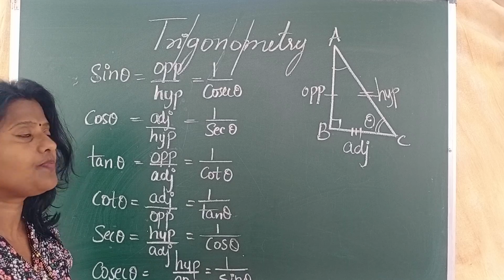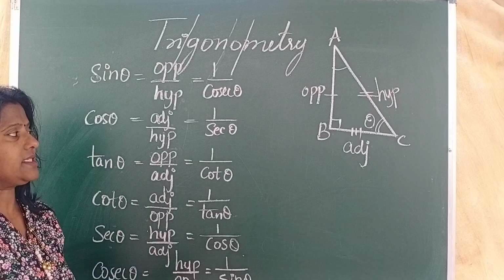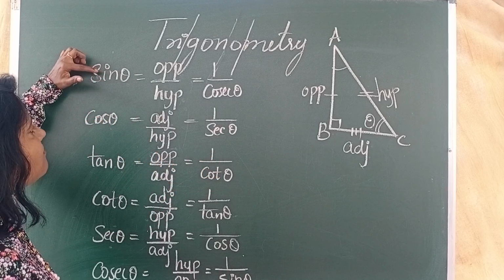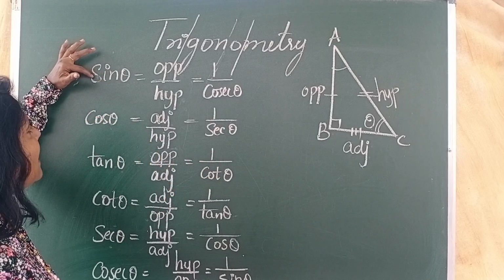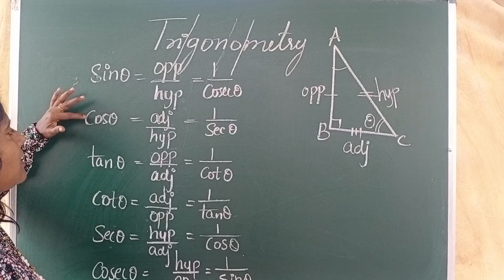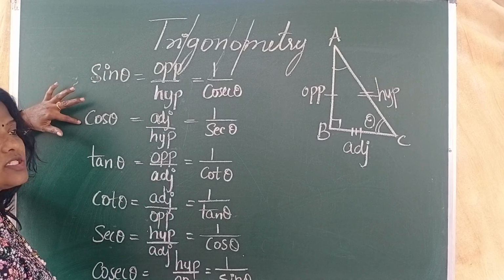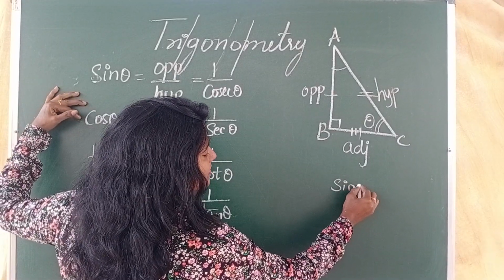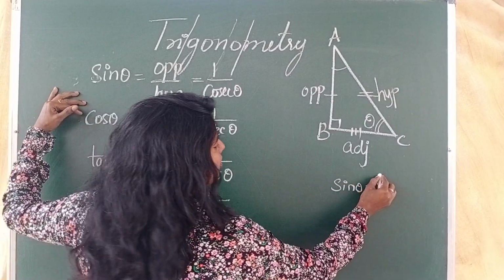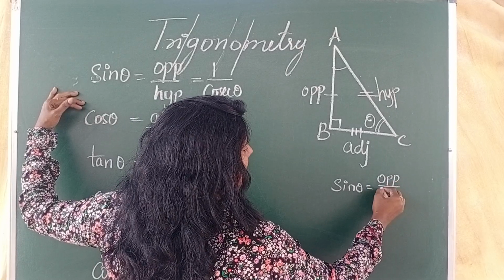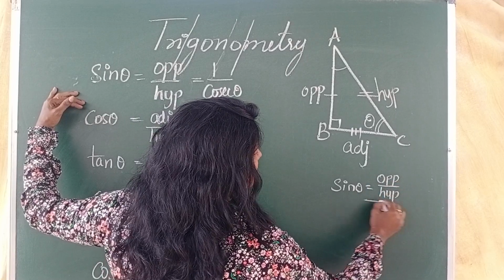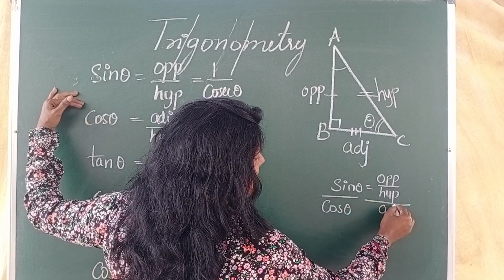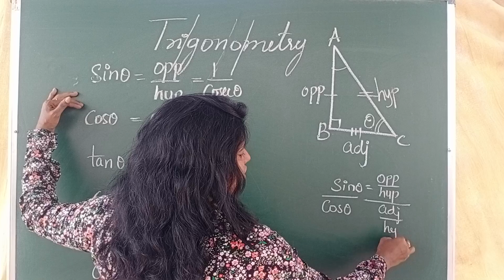Have you understood? Okay. Next, even I can compare. If I divide sin theta by cos theta, what happens? Sin theta is opposite by hypotenuse. Divide by cos theta, which is adjacent by hypotenuse.